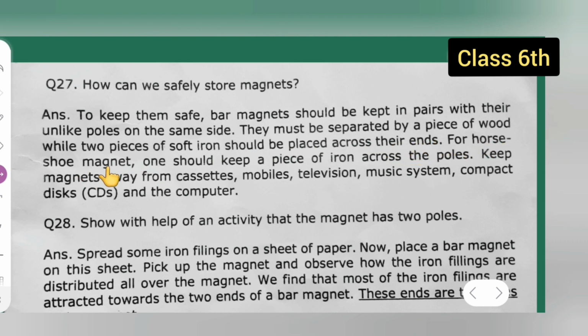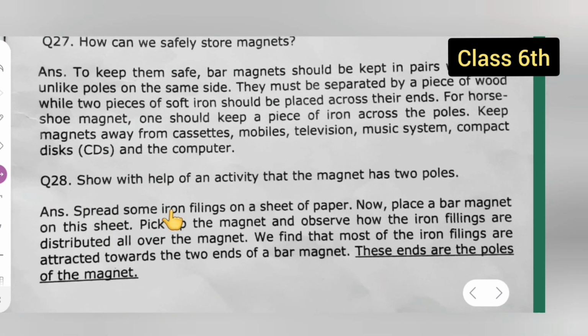For a horseshoe magnet, one should keep a piece of iron across the poles. Keep magnets away from cassettes, mobile, television, music system, compact discs, and the computers.